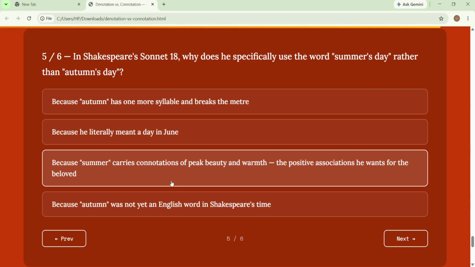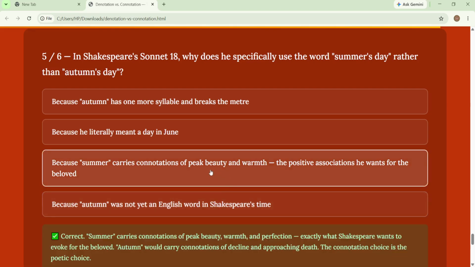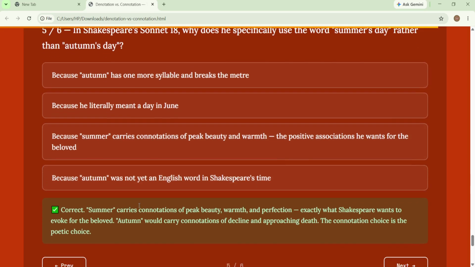Well, that's quite close. The fourth option is because autumn was not yet an English word. Well, we're not discussing etymology of the word, so I think it's the third one. Yes, it is correct. Summer carries connotation of peak, beauty, warmth, and perfection, exactly what Shakespeare wanted to evoke for the beloved. Autumn would carry connotation of decline and death, as we have discussed earlier.